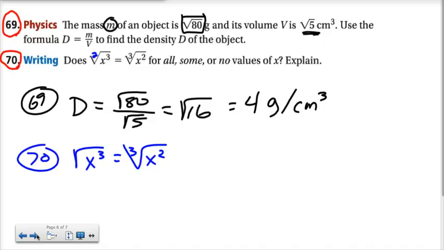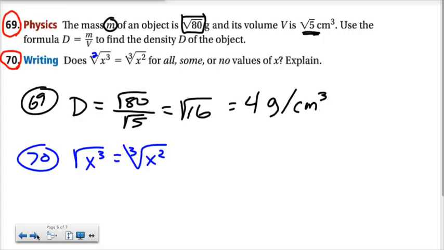Does that give you the same thing as index of 3, power of 2 for all, some, or no values of x? And explain. Well, first thing I did was I put a negative in here and thought my way through it. If you put a negative in here, you'll get a negative answer. If we put a negative in here, we're going to get a positive answer. So negatives are not going to work. And that was basically the first thing that I wanted to eliminate.